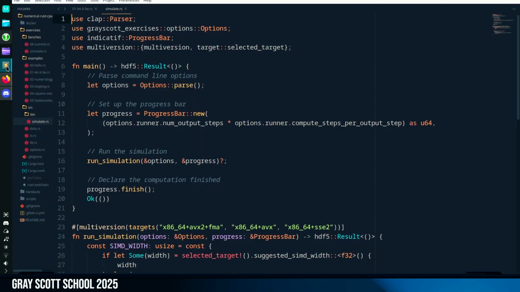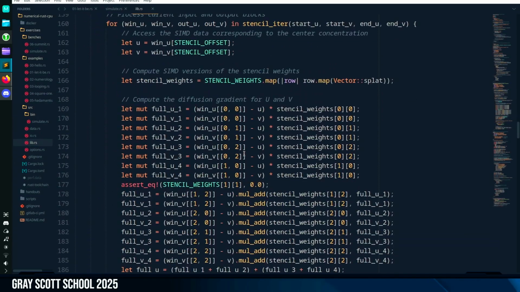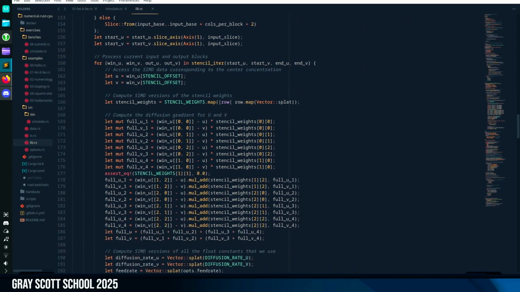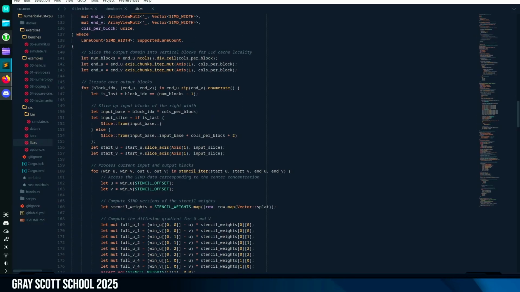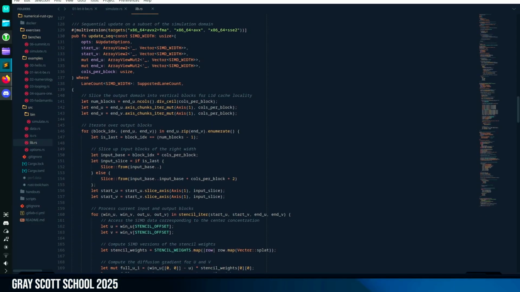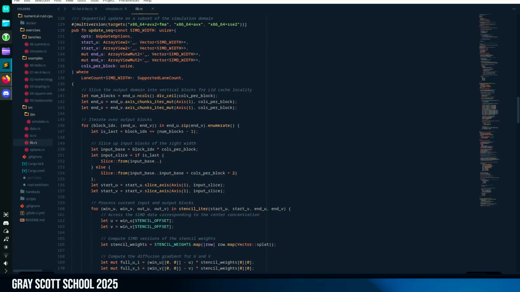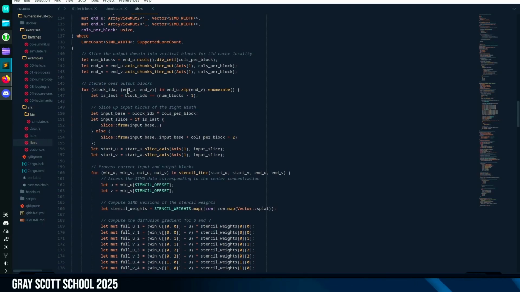Right. So what do I have here? I'm not sure how readable this is going to be on the projector screen, but right now the sequential part of the code takes blocks of inputs, blocks of outputs, and it does some further blocking for L1 blocking purposes.